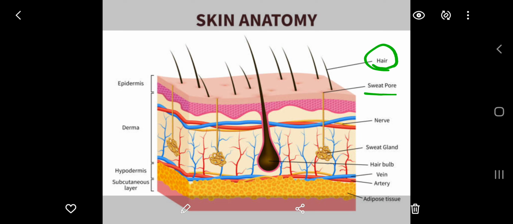Okay, so let us move to the sweat pore. The sweat pore is basically a small opening in the skin through which the sweat comes out. The sweat also helps in thermoregulation. The sweat is produced from the sweat gland. The sweat is not only water and salt, it also has some waste substances of our body, right?